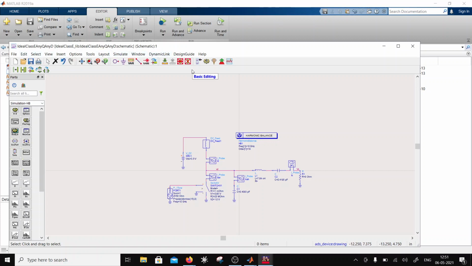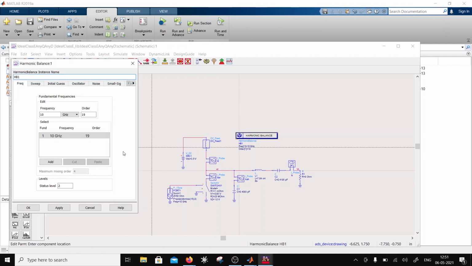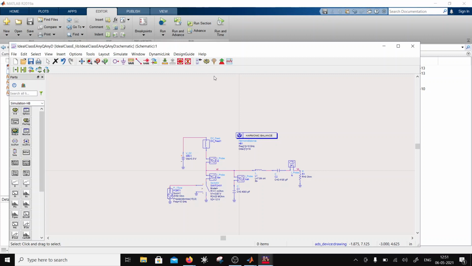Okay, so we are ready for simulation. Hang on a second. Yeah, the order of this is fine. So I'm going to hit simulate. Unless there is a big error somewhere, I'm okay.